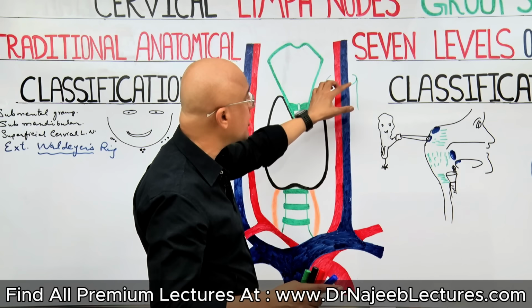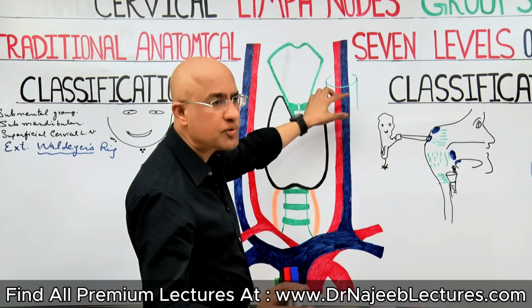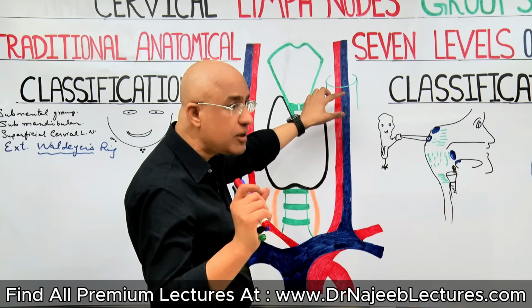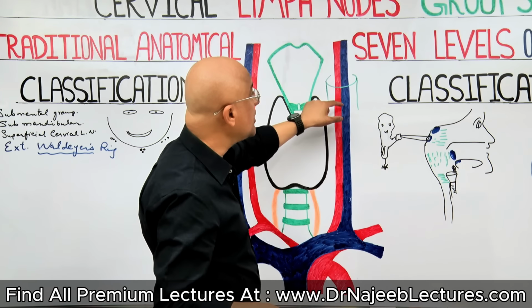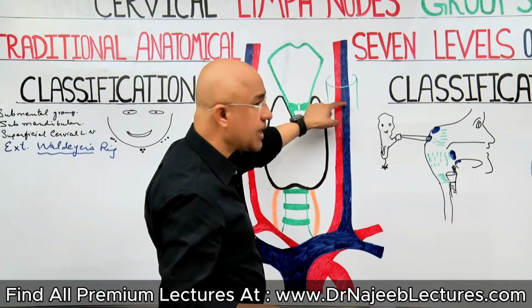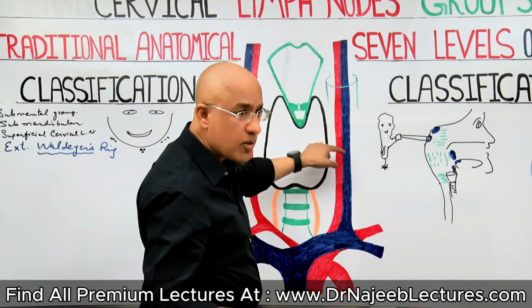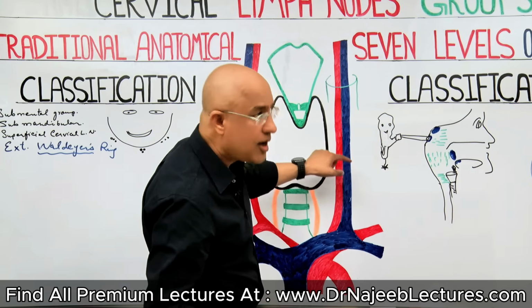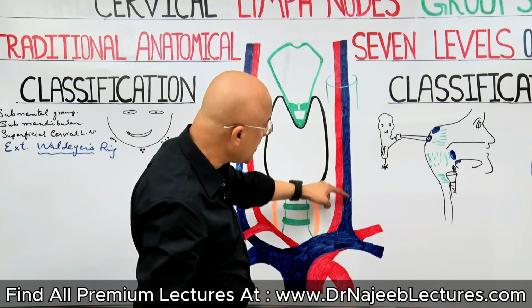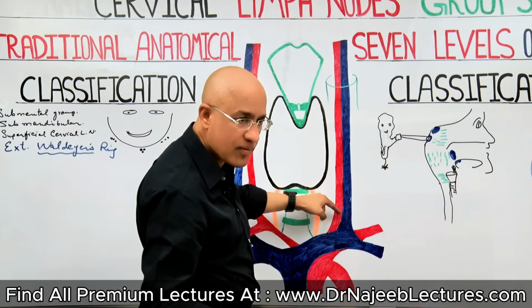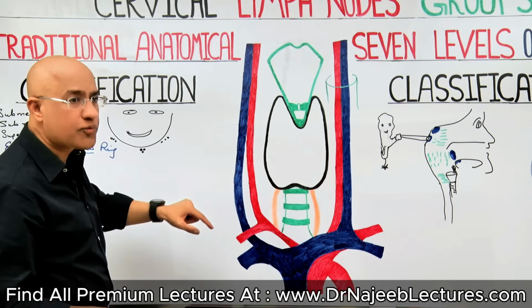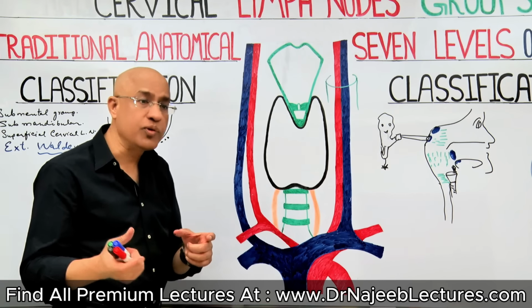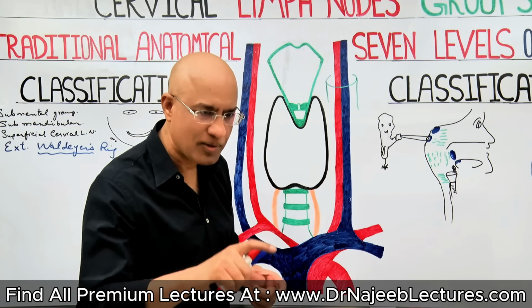And of course within the carotid sheath there are some nerves also, which I will not discuss now. But one very important thing which we should discuss now is that deep cervical lymph nodes also run along the length of internal jugular vein, and these lymph nodes are within the carotid sheath.